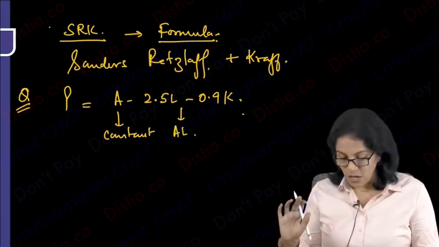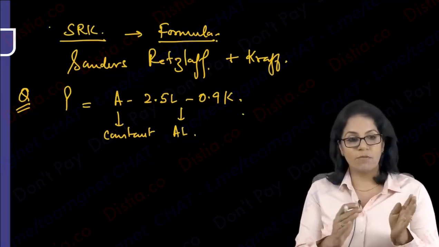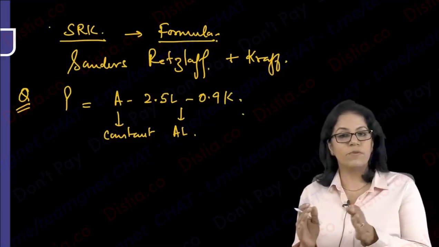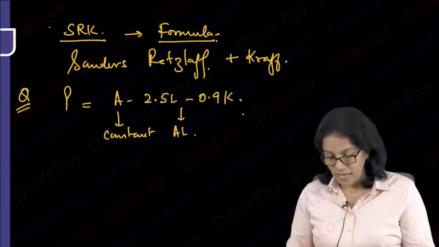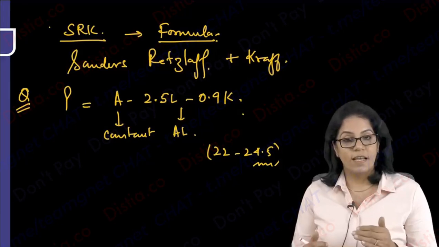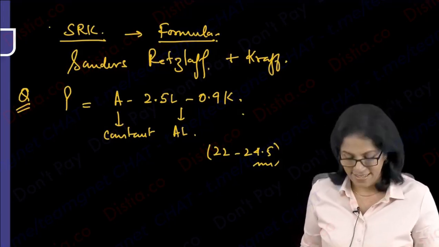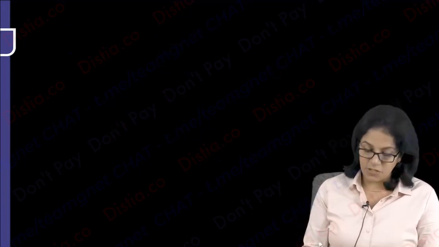Done? Okay. Now it was seen that this is best giving the results from 22 mm of axial length to 24.5 mm of the axial length. The results are best with this. But if I have to go further, either it is a longer eye or a shorter eye, this is not a reliable formula.